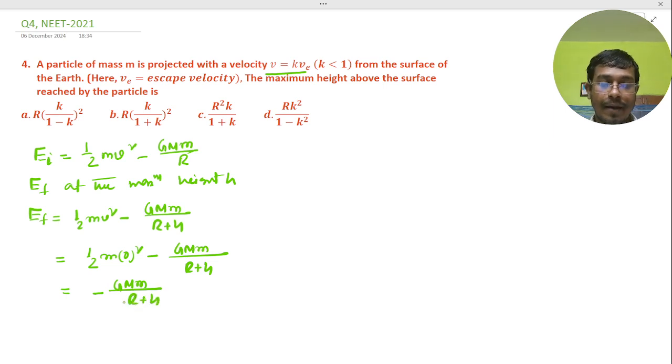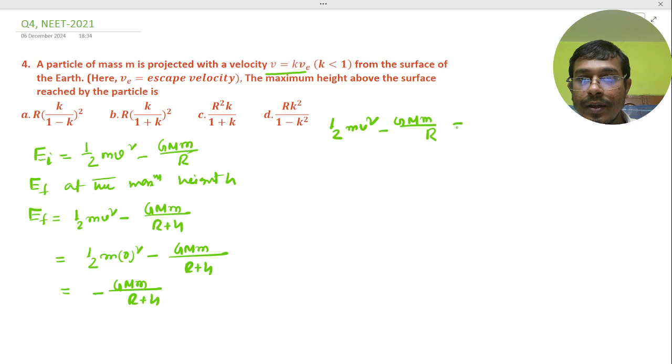Now apply the conservation of energy. Initial kinetic energy half m v square, potential energy minus GMm by r, final kinetic energy 0, potential energy minus GMm by r plus h at height h.